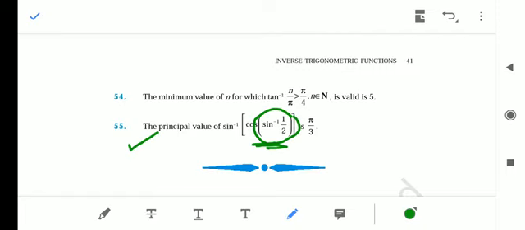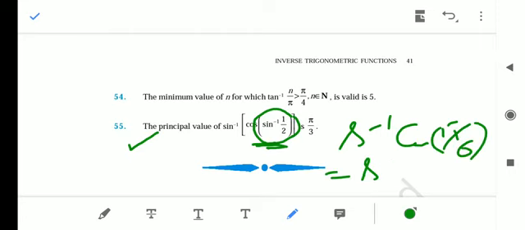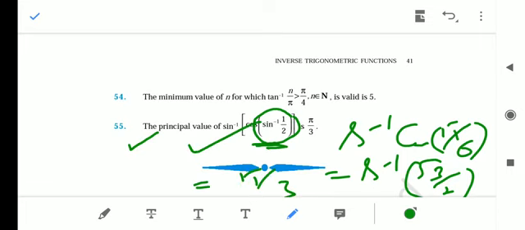Cos 30 degrees, you know, is root 3 by 2. In case of sin inverse, root 3 by 2 is the value for 60 degrees, so its answer is pi by 3. So this answer is correct, this value is pi by 3. This is all about the exemplar problems.